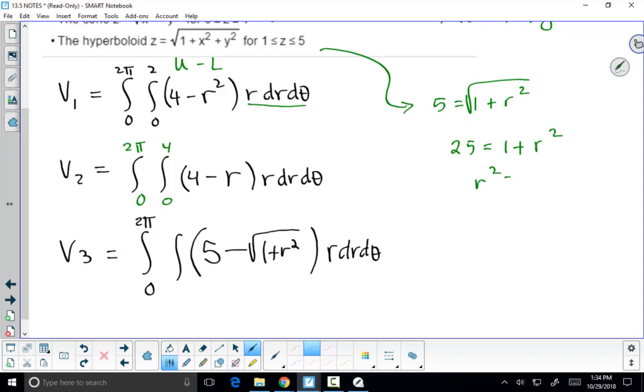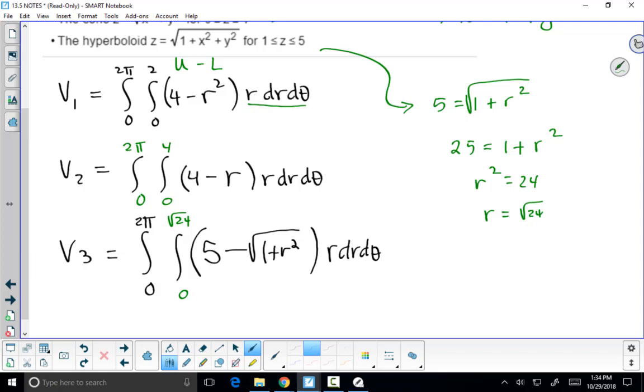So r squared will be 24. r is going to be positive, so we get root 24. So 0 to square root of 24, which is bigger than 4. I would guess this is probably the biggest one.